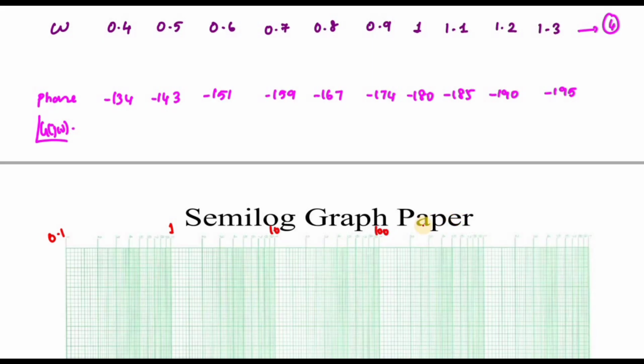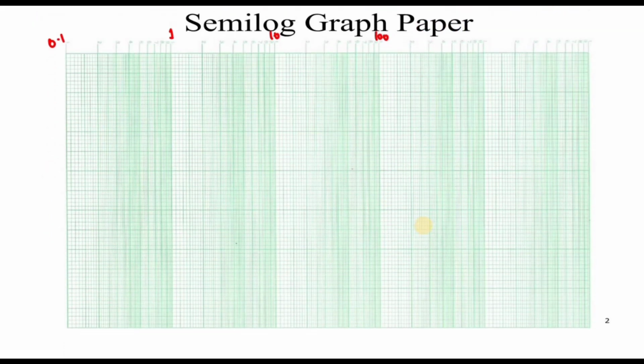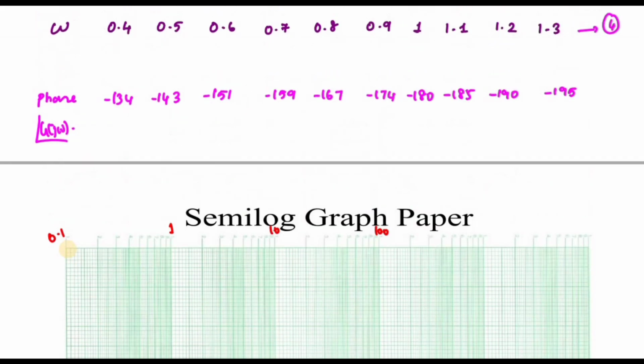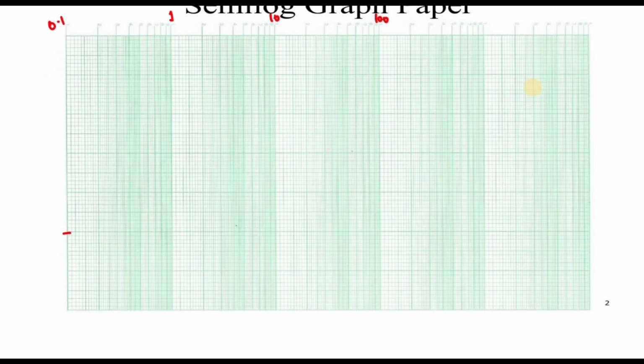Now, since you can see the phase is from minus 134 to minus 135, I'm going to fix this one as minus 180 degrees, otherwise I can fix it as minus 170 degrees, minus 160 degrees, minus 150 degrees, minus 140 degrees, and this one as minus 190 degrees.